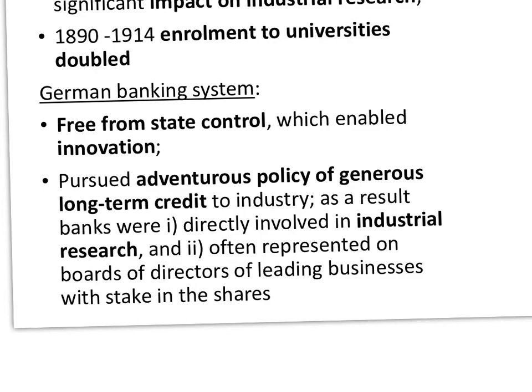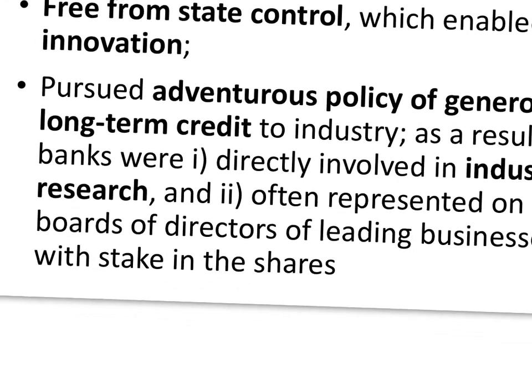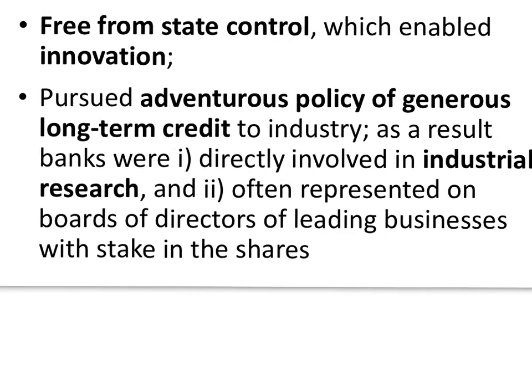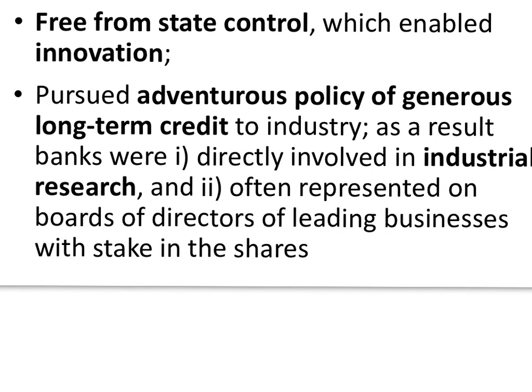And then also the boards of directors of the leading German businesses often included leading bankers. So the banks had a direct stake in the business. A board of directors is the board of a business.